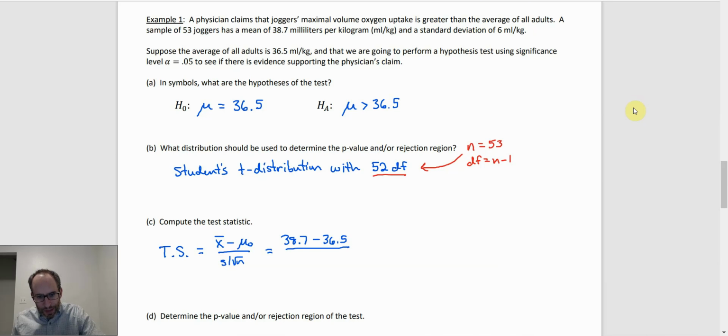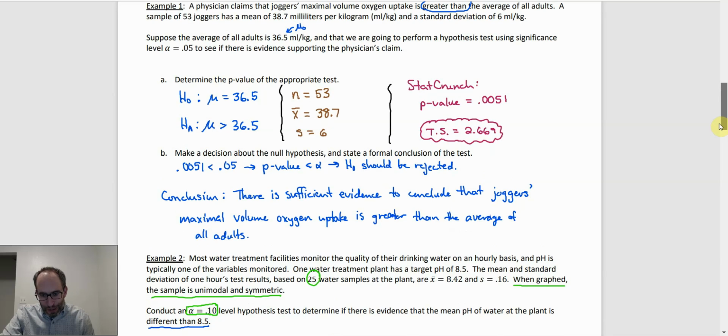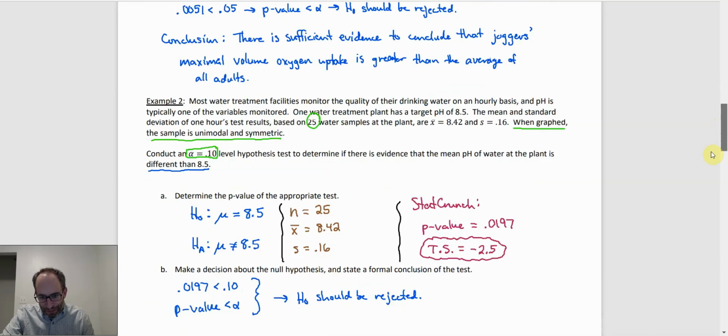Sample standard deviation is 6. Sample size is 53, so the bottom should be 6 over the square root of 53. And then what you'll get here to 3 places is 2.669, which, if I scroll up for a second, there it is in the thought bubble, 2.669, same thing.